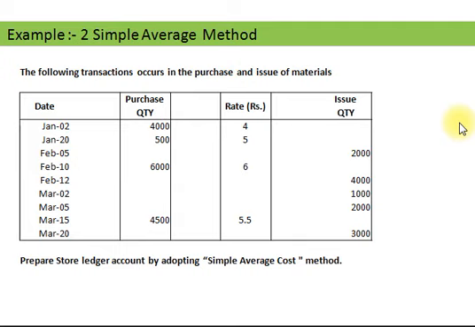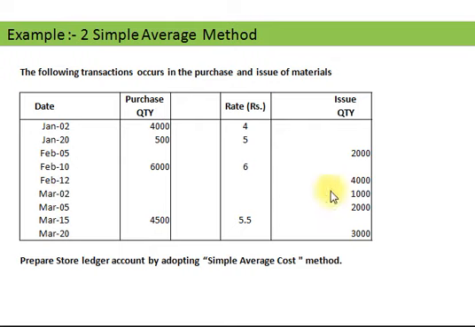The following transactions occur in the purchase and issue of material: date, quantity purchased, rate of purchase and issue quantity. 2nd January, quantity purchased 4000 units at rupees 4 per unit. 20th January, 500 units at rupees 5 per unit. 5th February, 2000 units issued. 10th February, 6000 units purchased at rupees 6 per unit. 12th February, 4000 units issued.